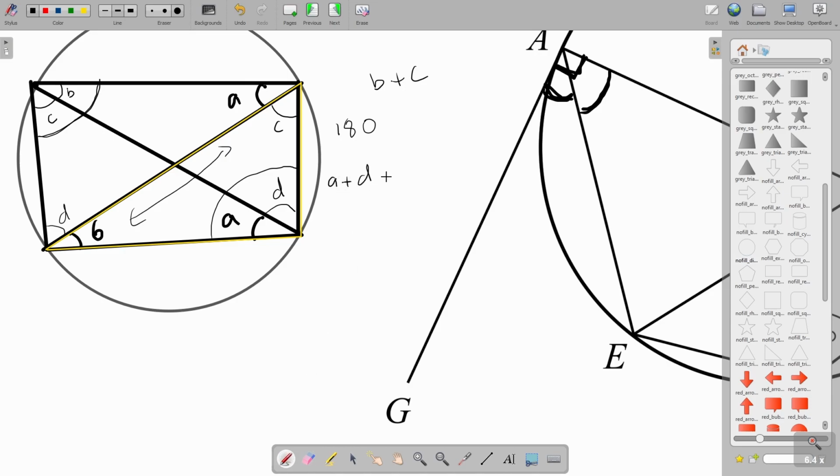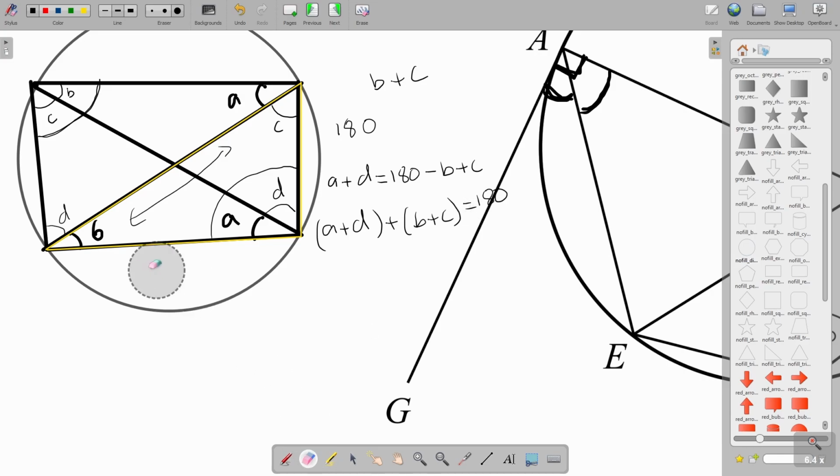A plus D is equal to 180 minus B plus C, which is this side, right? That means, if we add B plus C on both sides, A plus D plus B plus C is equal to 180.